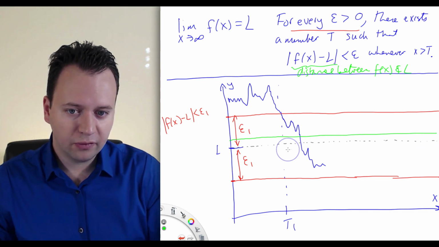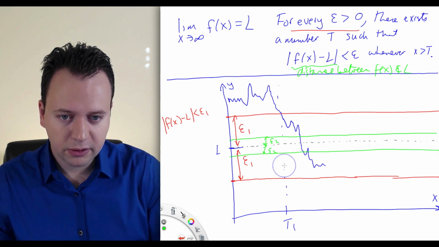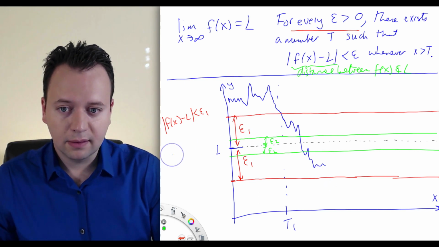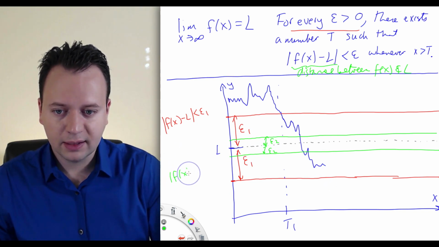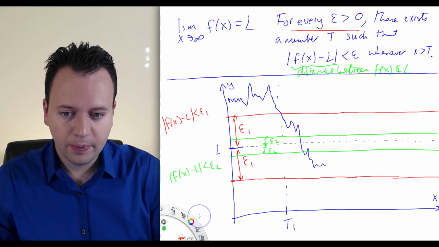So if you use 0.001, we have a smaller value of epsilon. So this length is epsilon 2. There's epsilon 2. And if we say f of x minus L less than epsilon 2, it means the y value is somewhere within this smaller tube, right?